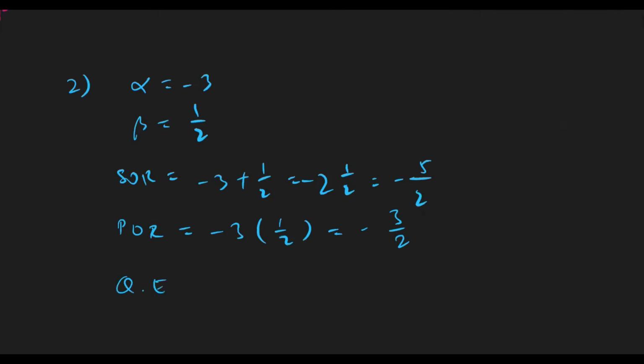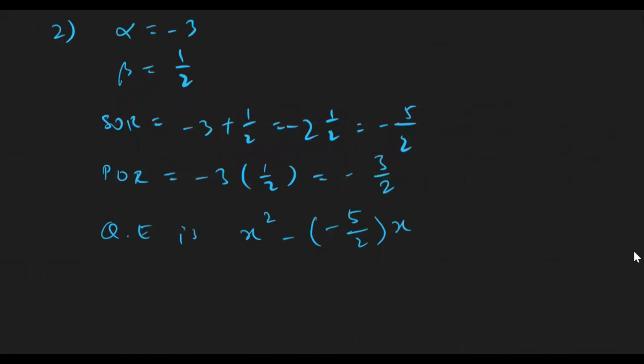Okay, and therefore the quadratic equation will be x squared minus, and in this case, don't forget to put a bracket because your sum of roots has a negative in it. And then plus -3/2.